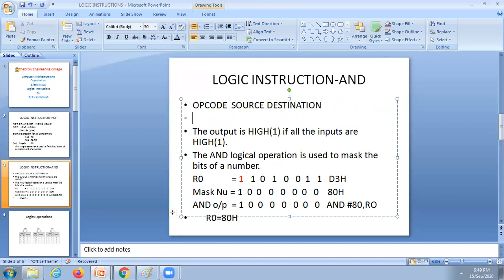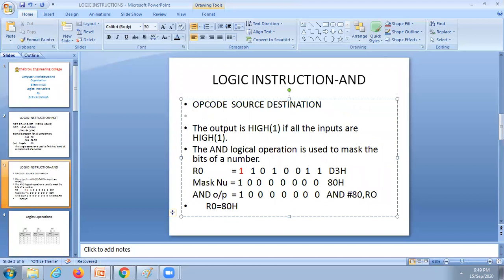But in some of the processors, it will be opposite: opcode followed by destination followed by source. You should be particular about this.